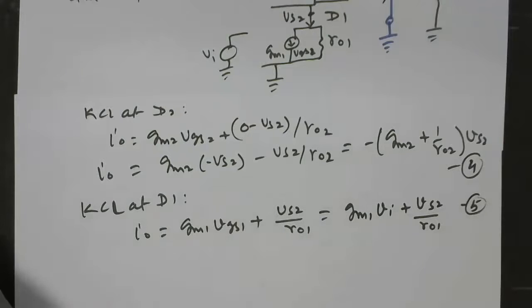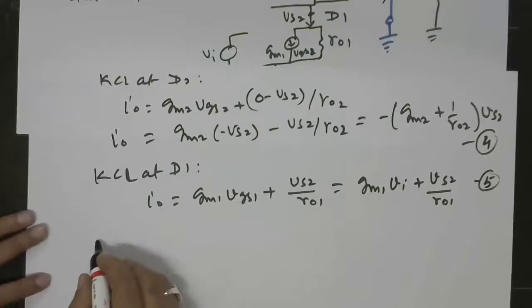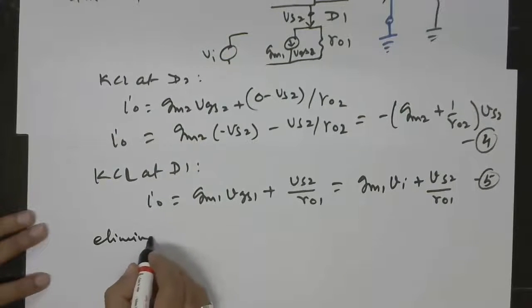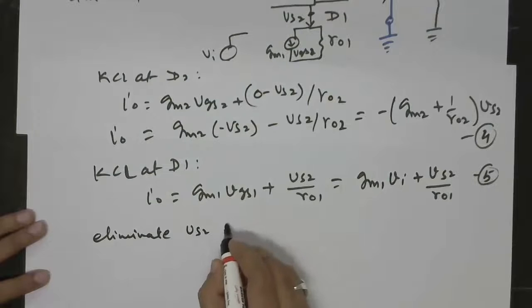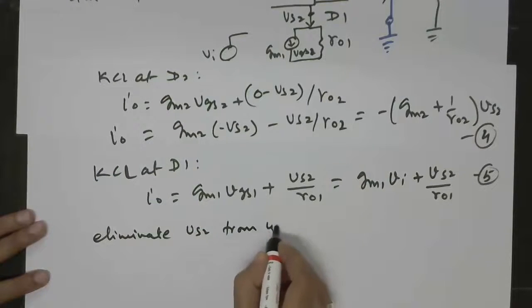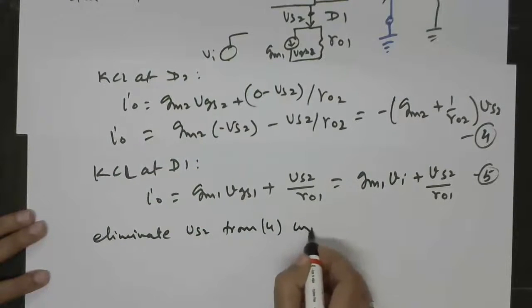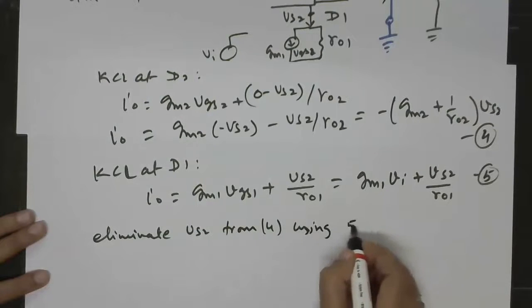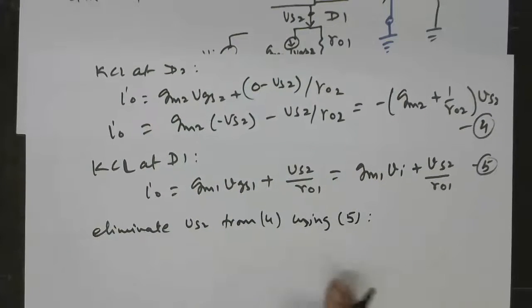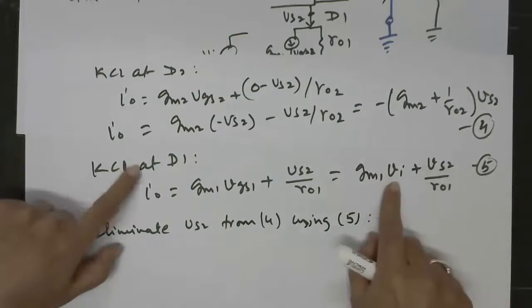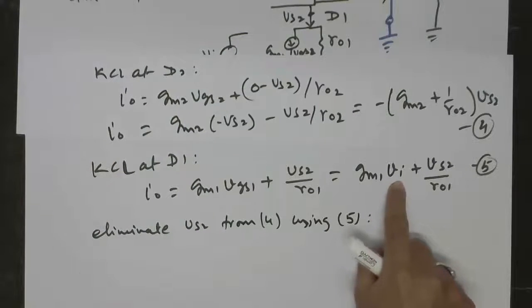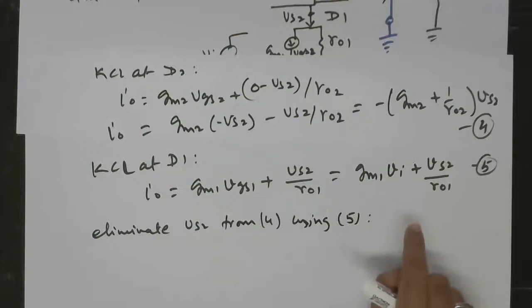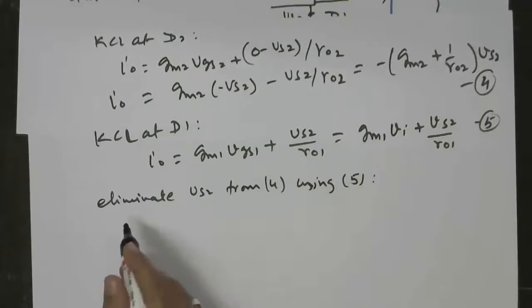5. So here we can eliminate VS2 from 4 using 5, and then one can get the relation between VO, IO and VI, and from there one can find the ratio of these two quantities.